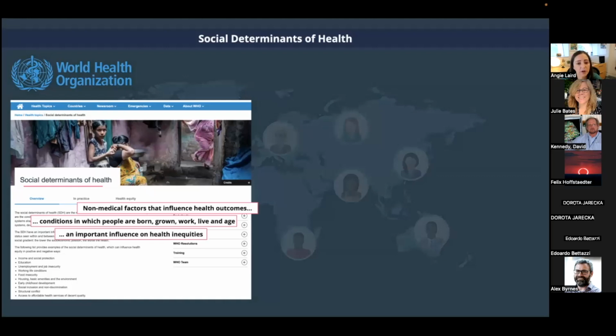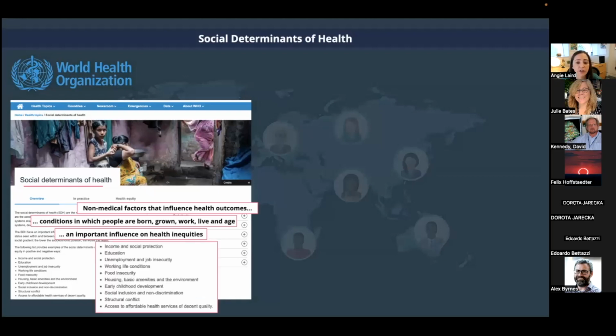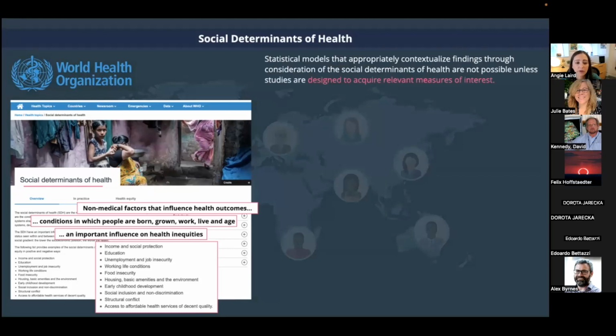So examples of the social determinants of physical and mental health include income, education, employment, food insecurity, housing, early child development, and social support. So, while neuroimagers have acquired basic demographic data in our past studies, this is an area we all need to do better in.